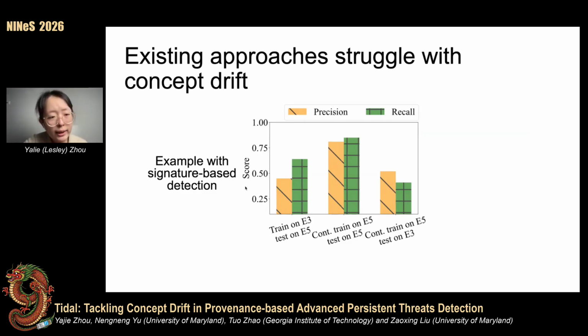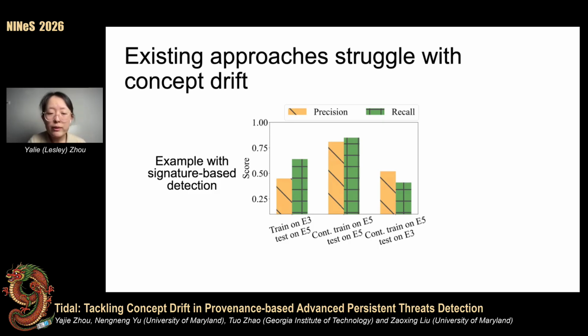Here is one example with a signature-based detection method. We capture the precision and recall, and we train and test this model in different settings. We use two different datasets, both from DARPA. The first is called E3 and the second is called E5, from different years of the DARPA sources. In the first group of bars, when the model is trained on E3 but tested on E5, which is the new data, the model performs really badly.